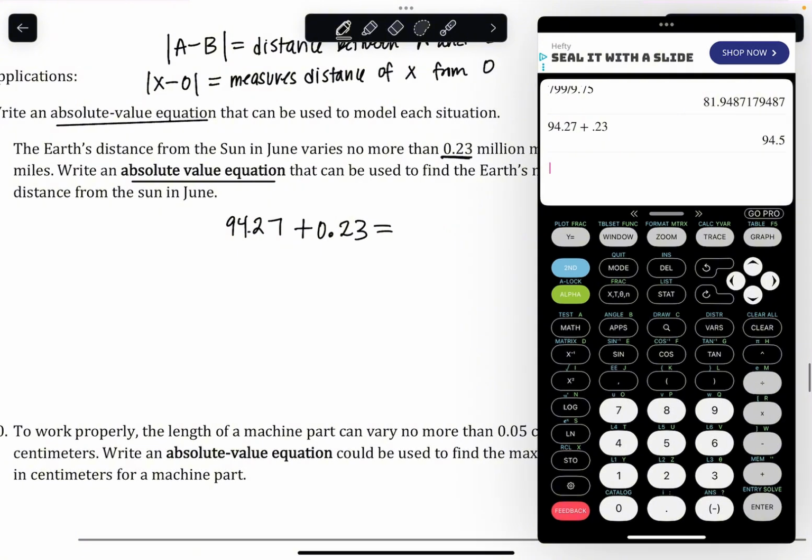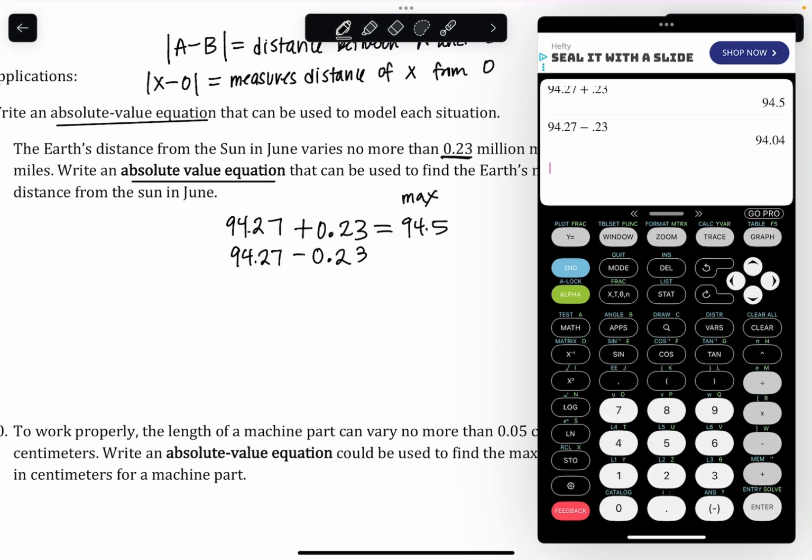But that would be the maximum distance, 94.5 million miles. Okay, if I wanted the minimum, I would subtract 0.23 from the 94.27, and we would get 94.04. And that would be the minimum.